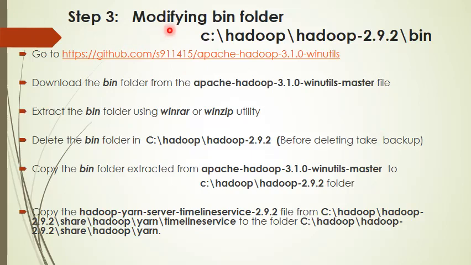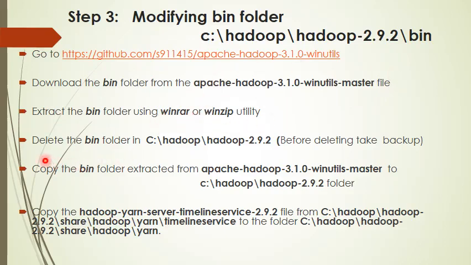Step 3, modifying the bin folder. By default, when we install Hadoop, a bin folder is created, which contains the necessary files for executing Hadoop. Since we are installing Hadoop on Windows, we need to make certain changes in this bin folder. So go to this GitHub website and download the bin folder. Extract the contents of this folder using either WinRAR or WinZip.